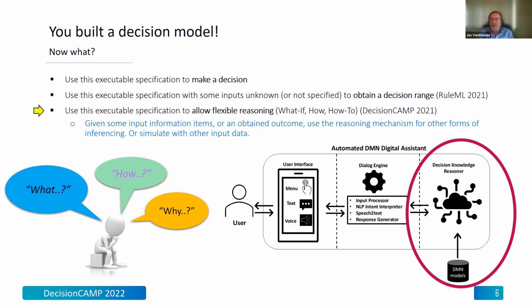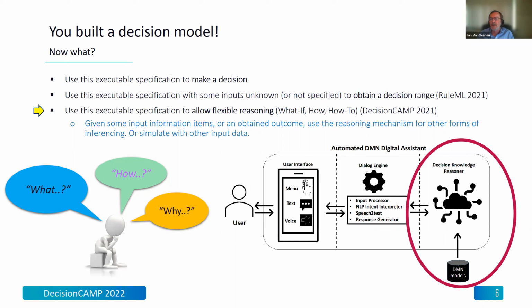It's like a simulation. Or you can say, I have a number of input information items, I have my data, I reach a conclusion. How did I get this conclusion? Or how do I get to a certain conclusion? To allow some more flexible reasoning by switching off or changing some of the input values.